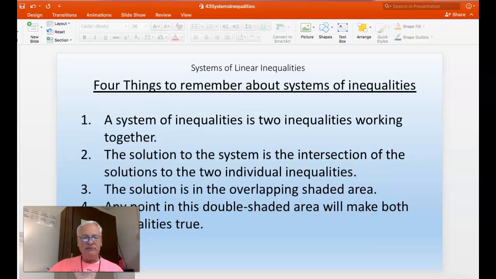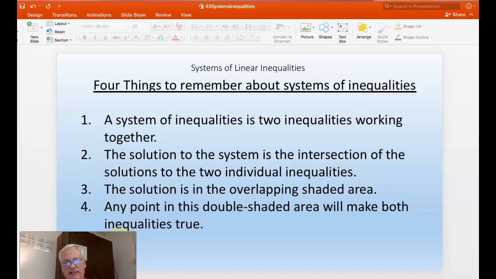Guys, there are four things to remember about systems of inequalities. A system of inequalities is two inequalities working together, just like a system of equations. The solution to the system is the intersection of the solutions to the two individual inequalities.